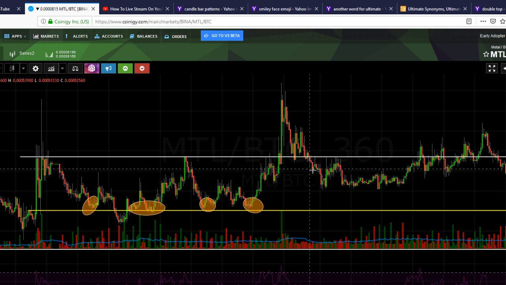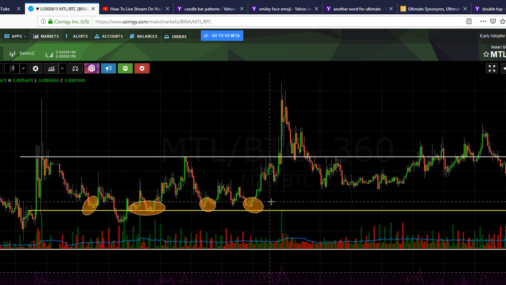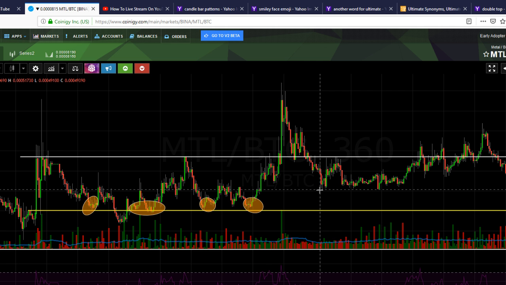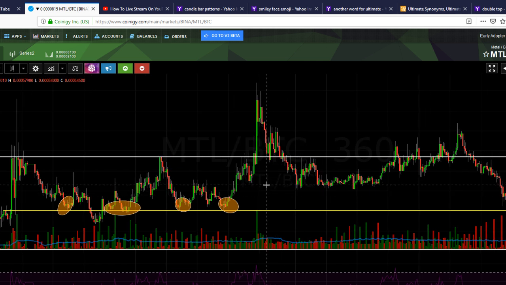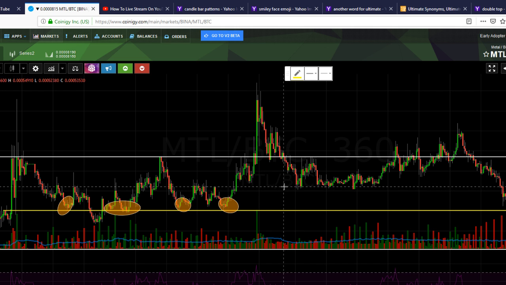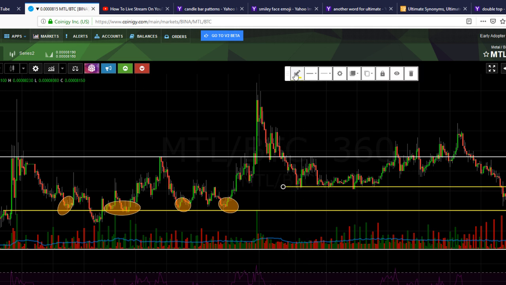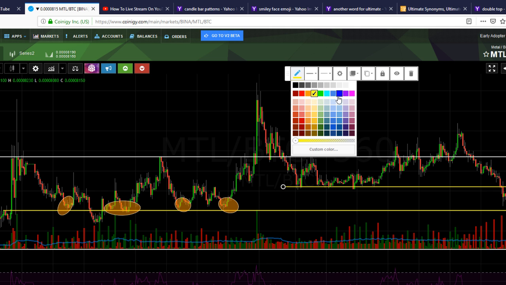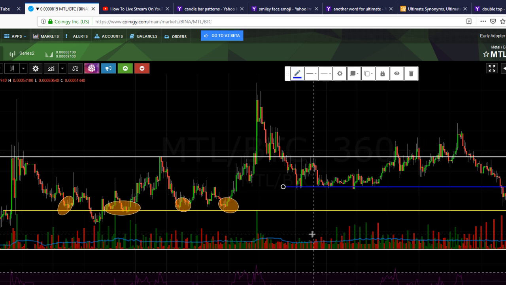Now, once we come below it, what I'm looking for is, are we going to retest these previous lows? For some time, we don't. Let me put a support line here, because there could also be support within the consolidation zones. Support could happen anywhere. Let me make this line blue.